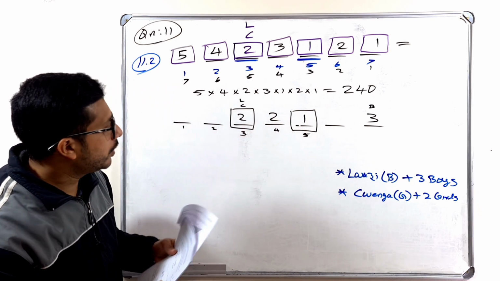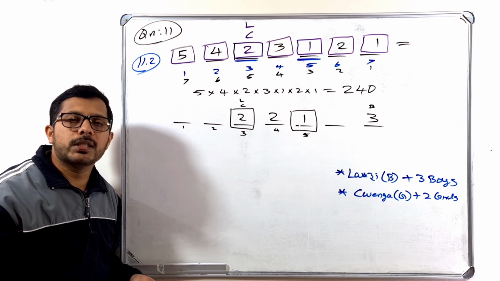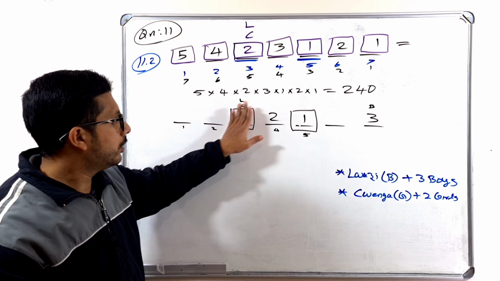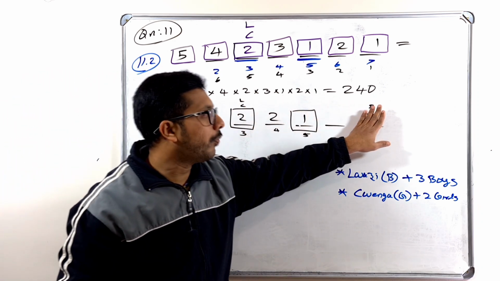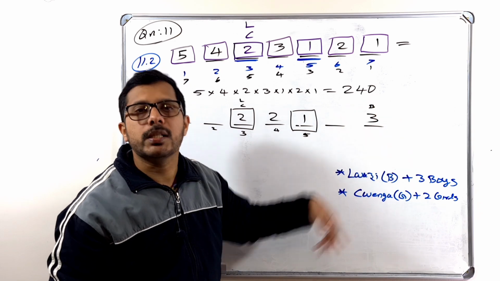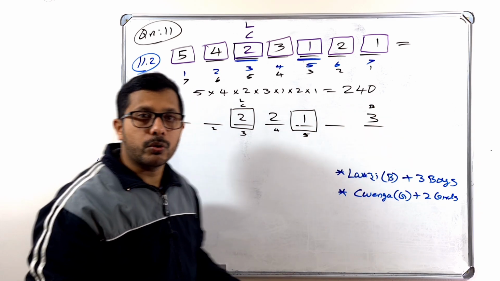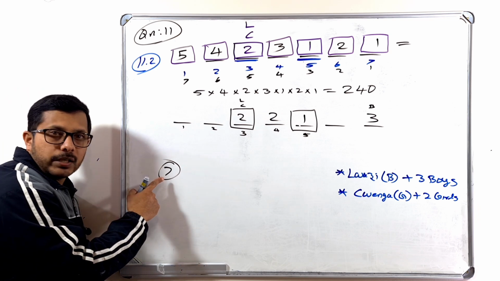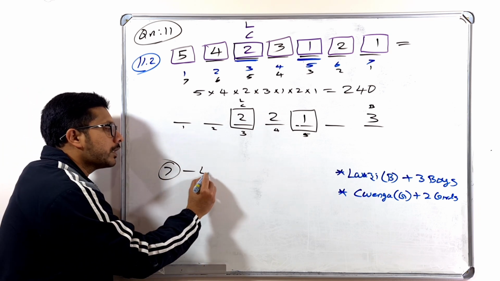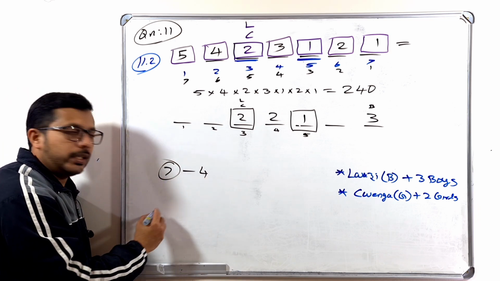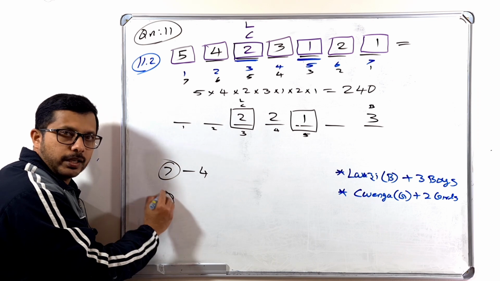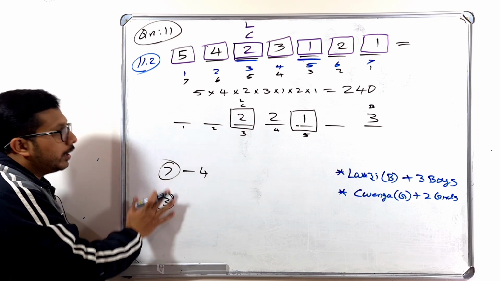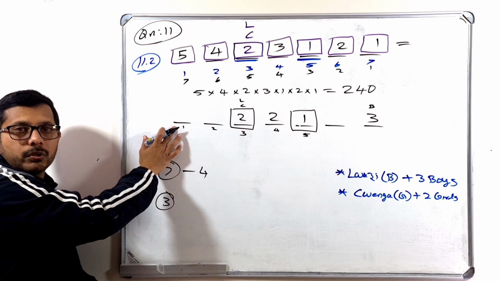So now total, how many people seated? 1, 2, 3, 4. 4 people already seated there. So total, how many people are there? 7. So in that 7, 4 already seated. So how many remaining? 3 remaining. Here there is no condition, boy or a girl.